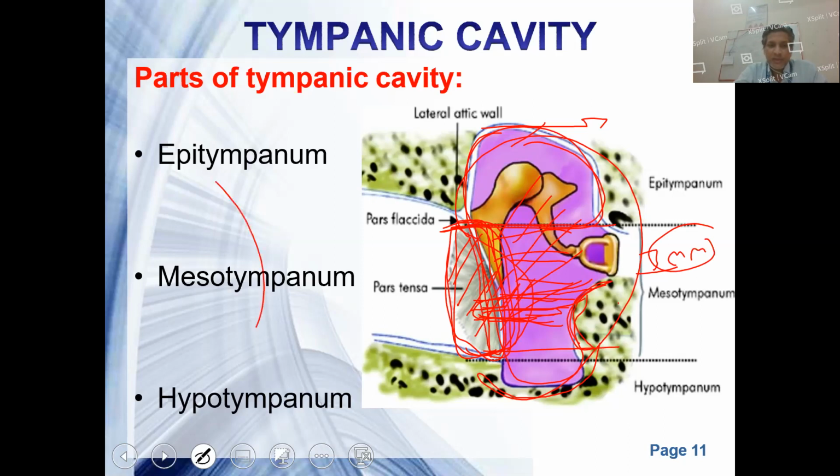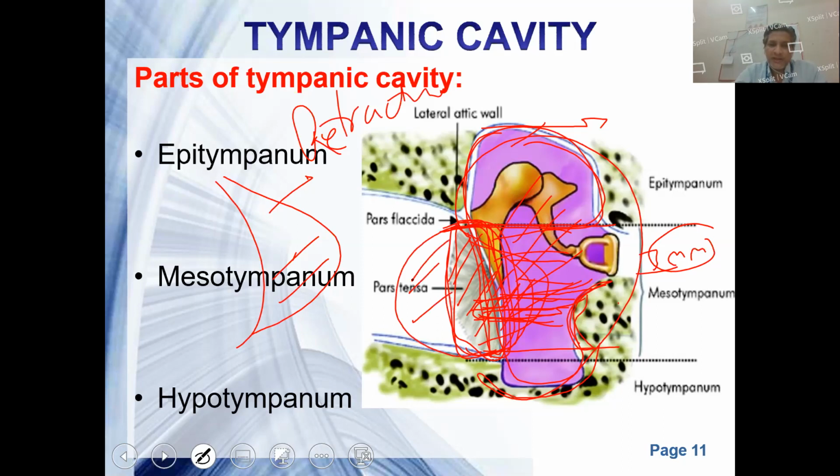If the tympanic membrane medializes or goes medial like this, it is called retraction. Opposite to retraction will be bulging, also called lateralization of the tympanic membrane.